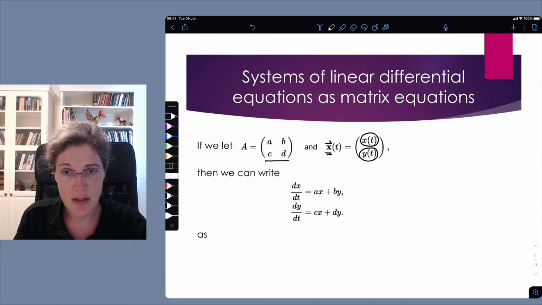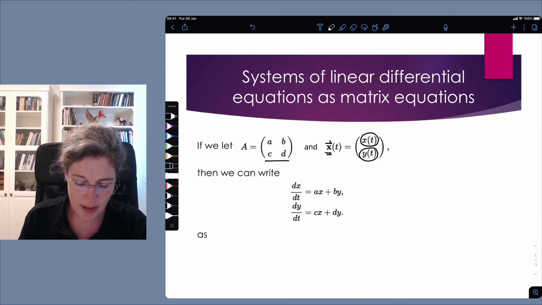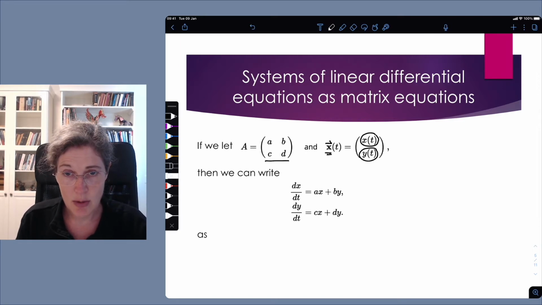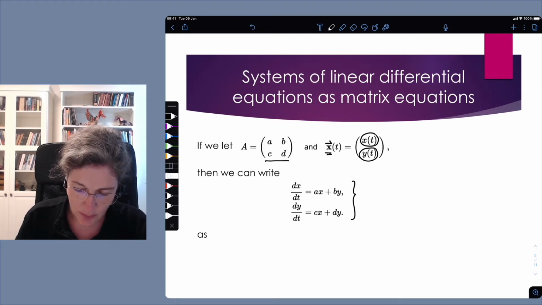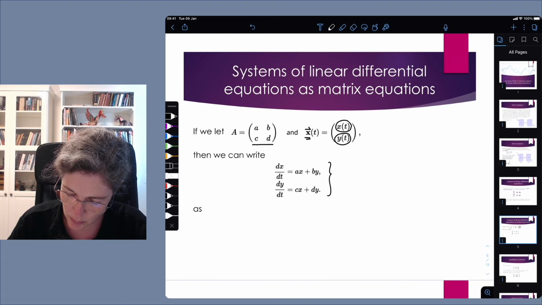So this is a vector, but it's also a function because it's taking in a time component, and that will give you the two components at a particular time. Why would we want to do this crazy thing? Well, it's going to enable us to rewrite our system of differential equations as follows. So let me just add a bit more paper here.